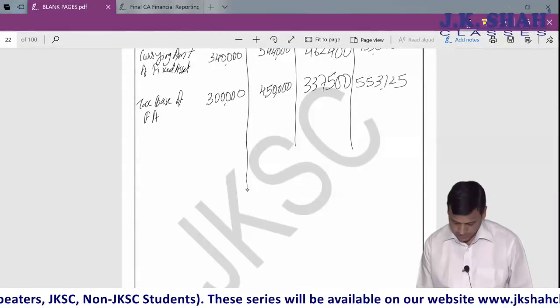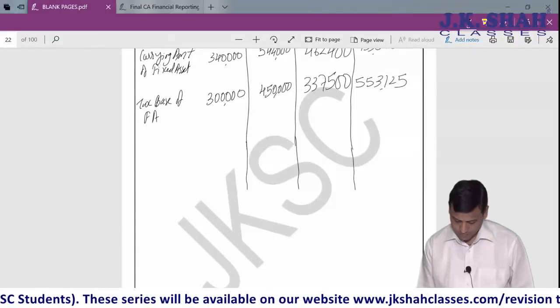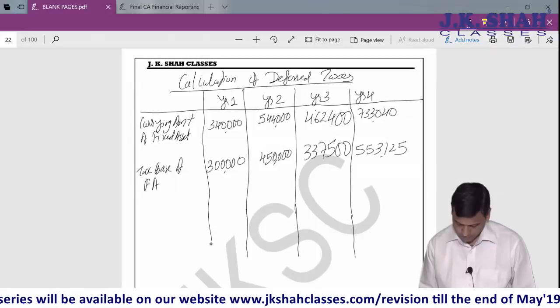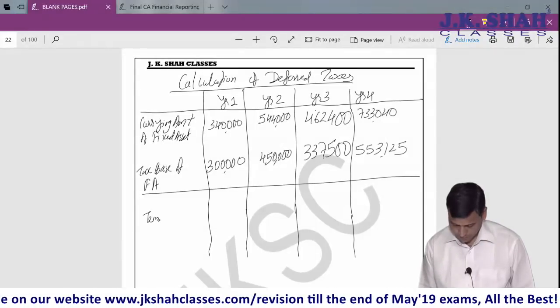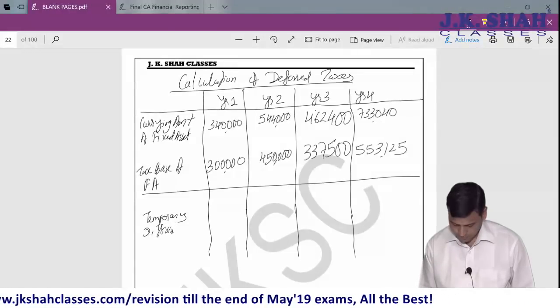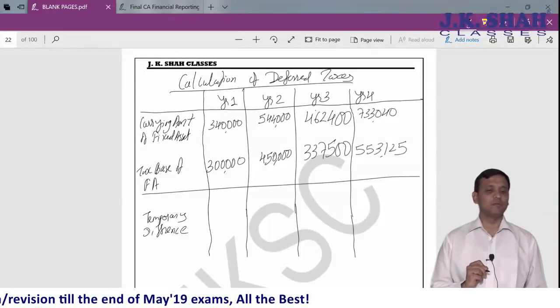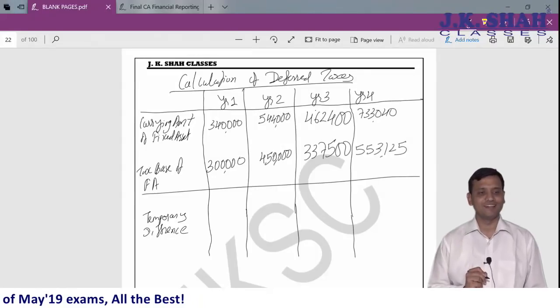Okay, should I proceed now? We have temporary difference. Taxable or deductible?